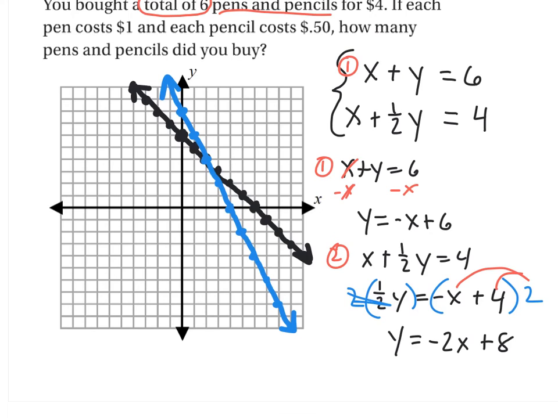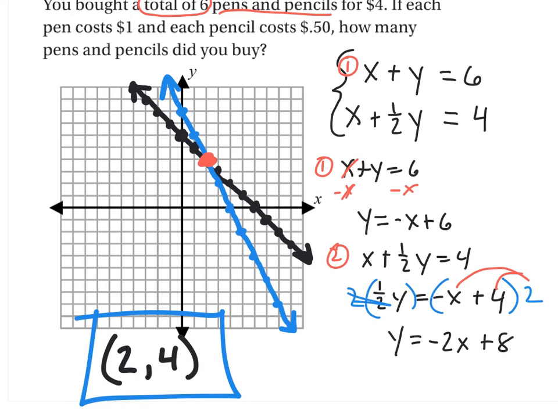Right there is our intersection, and that is at the coordinate 2, 4. Very good. 2 pens, 4 pencils.